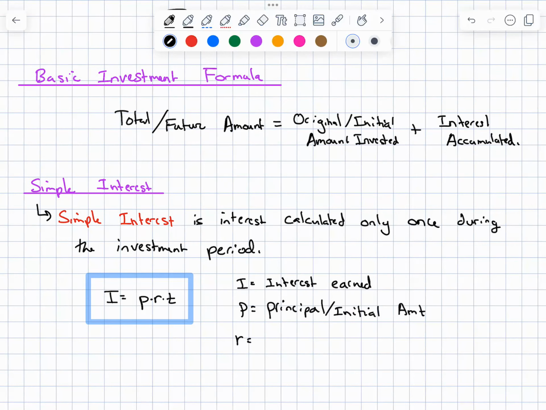R equals the annual percentage rate, which we are now always going to abbreviate as APR because I don't want to write annual percentage rate. It takes too long.